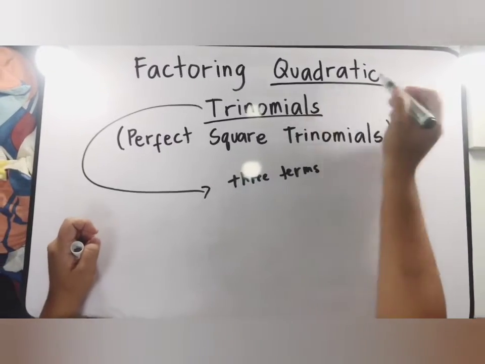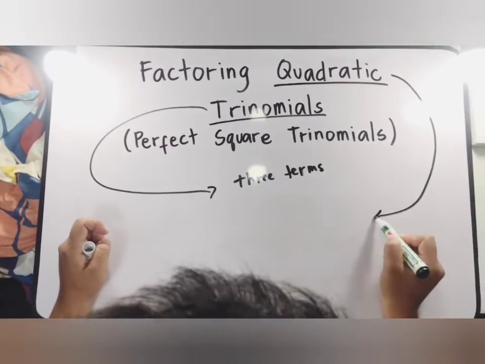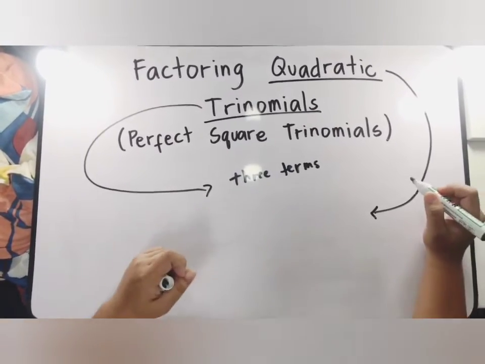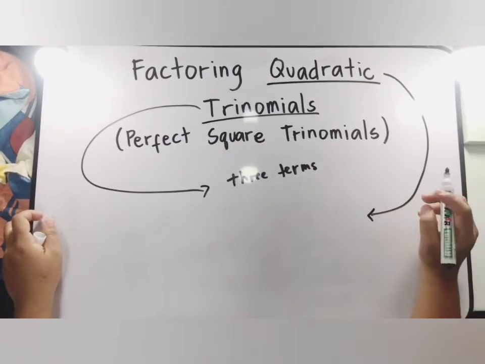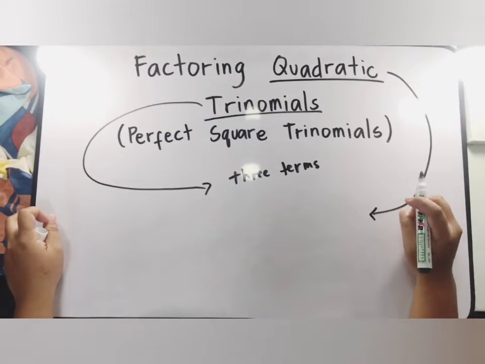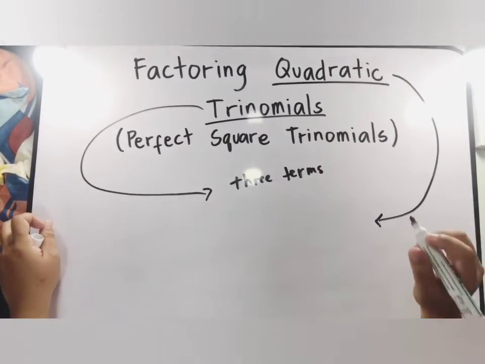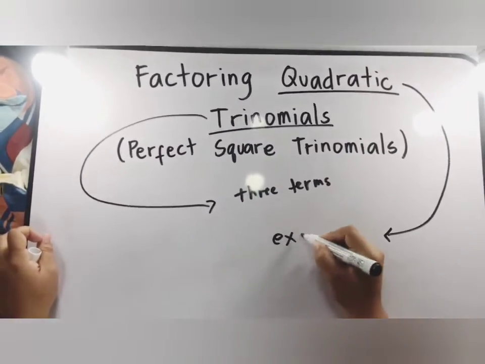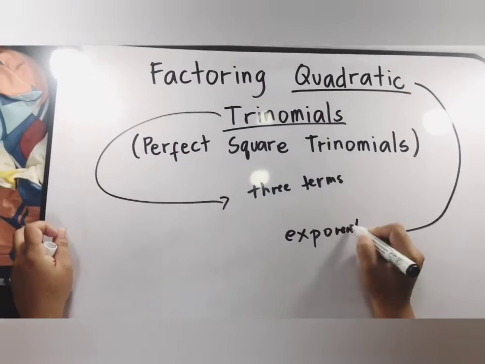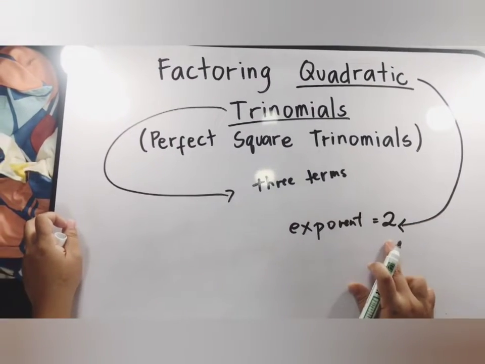And now, we have the term quadratic. When we say quadratic, it refers to the highest degree of the exponent. So, kapag sinabi natin quadratic, expect that the highest degree of the exponent is 2.